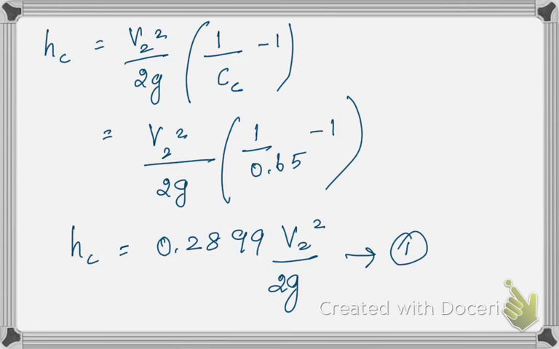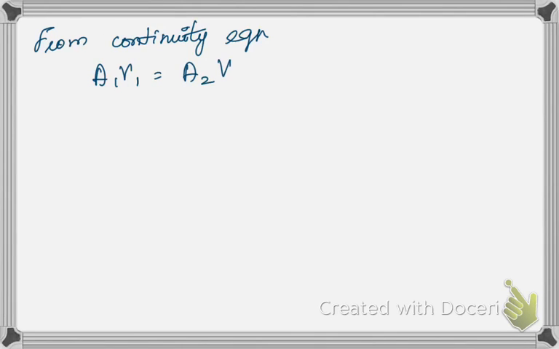Now, I don't know the value of V1 also, but we can easily establish a relationship between V1 and V2 using our continuity equation. It is going to be very simple. From the continuity equation, A1 V1 will be equal to A2 V2, or V1 will be equal to A2 V2 by A1. I can establish this very easily.